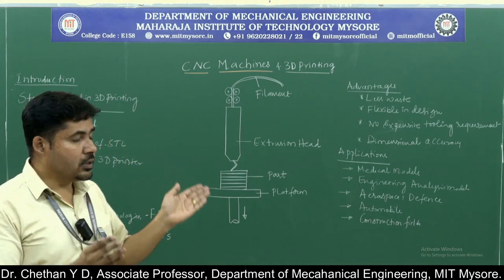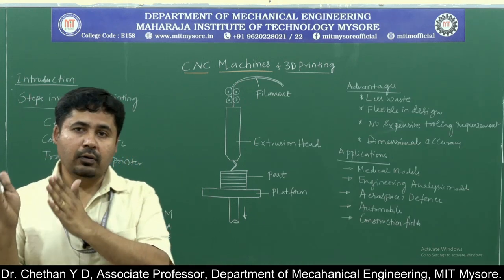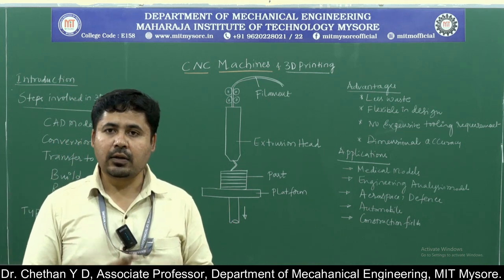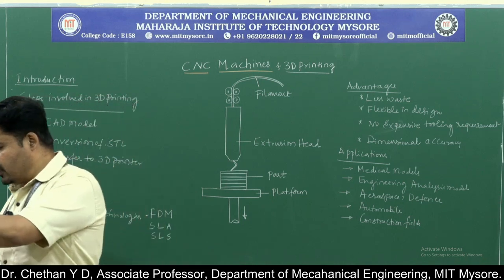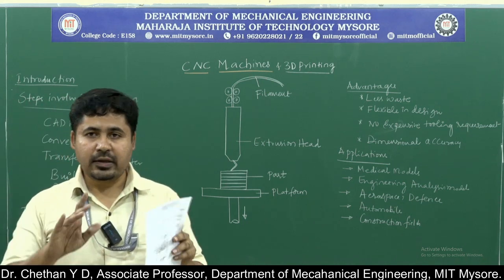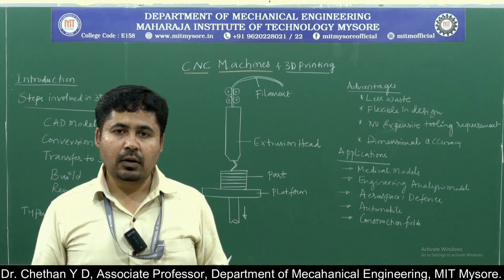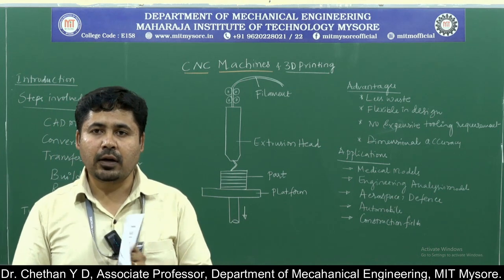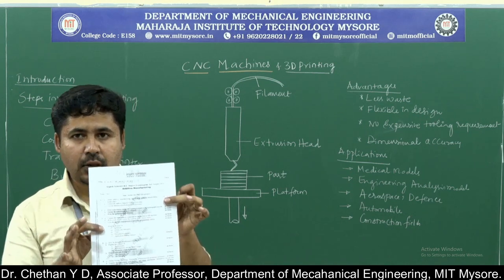So this is all about converting the digital model into a physical model. Say for example, if I take a printout, what will we do? We'll type something on the computer screen and direct that information to the printer. The printer will give the 2D printing like this.